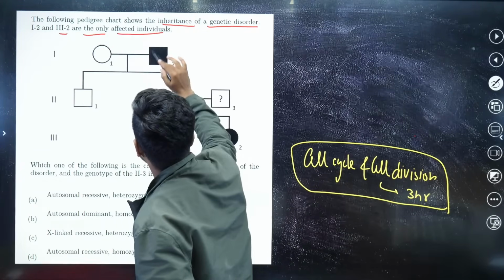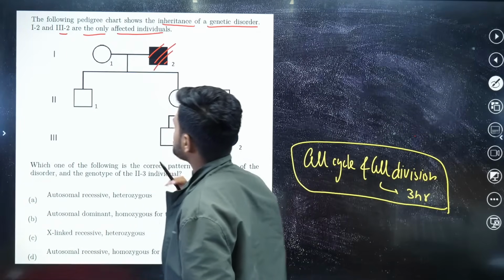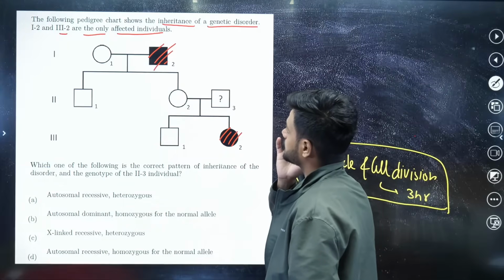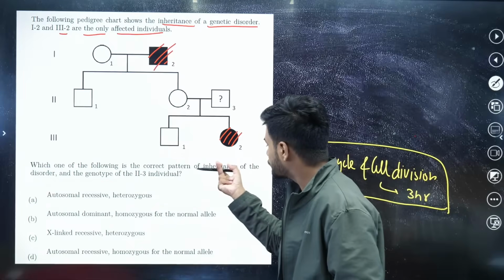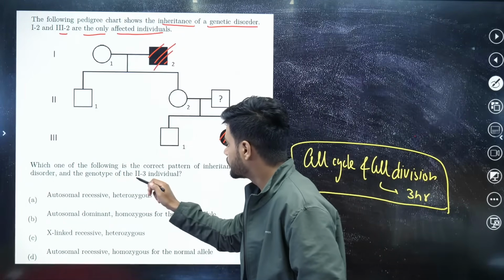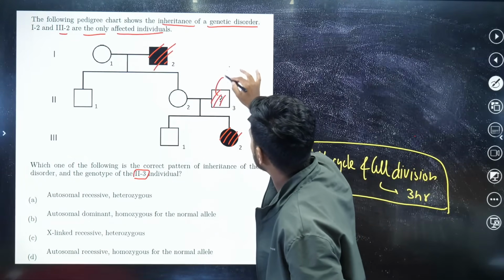Here, the affected individual, third generation, second one. Which of the following is the correct pattern of inheritance of the disorder and genotype of I3? They are asking you the genotype.